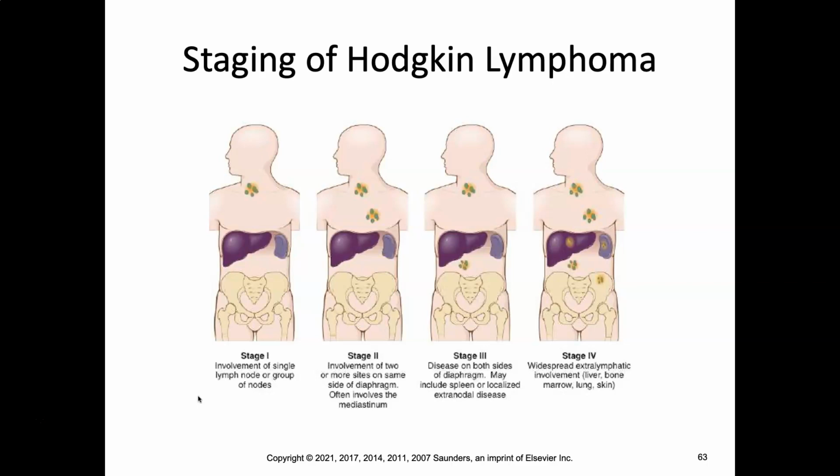Stage 3 is now you've got disease that's above the diaphragm, below the diaphragm, and you may have spleen or some kind of extranodal disease going on. Stage 4 is you've got extensive involvement, and now it's picked up liver, bone marrow, lung, skin, those kinds of things. So it just shows you how, as it spreads, where it spreads.